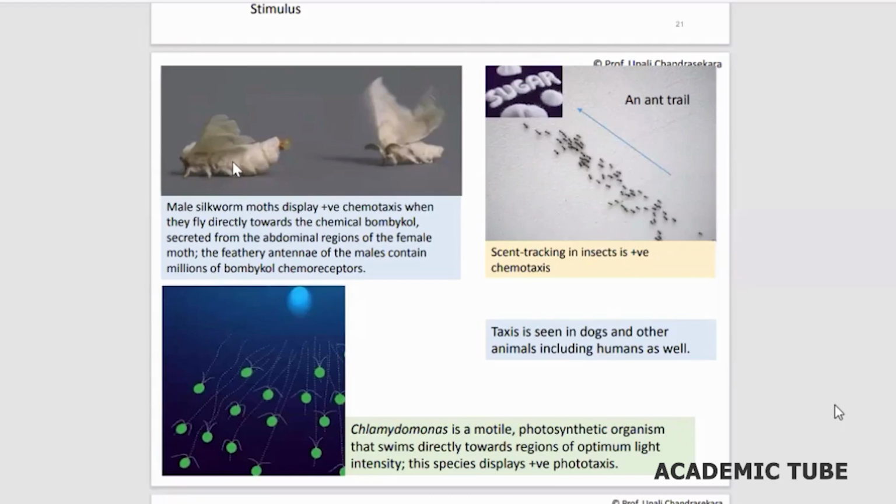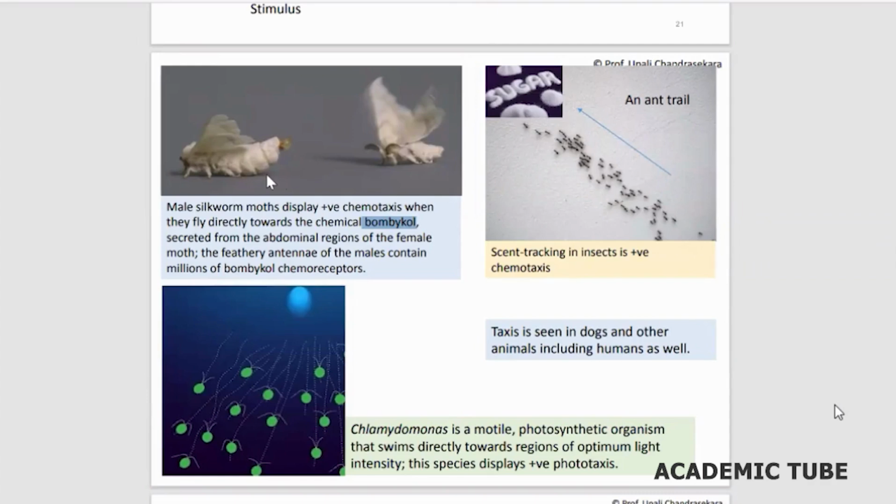This female cannot really fly long distances. She always stays on the cotton plant. The mature female releases a chemical from the tip of her abdomen, and that chemical is known as bombykol. Bombykol.